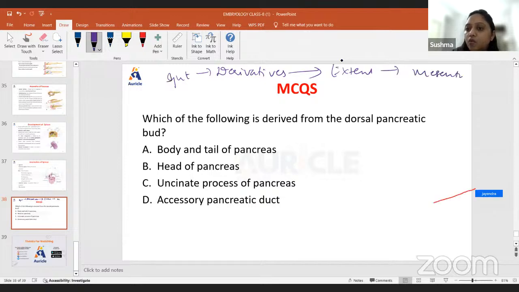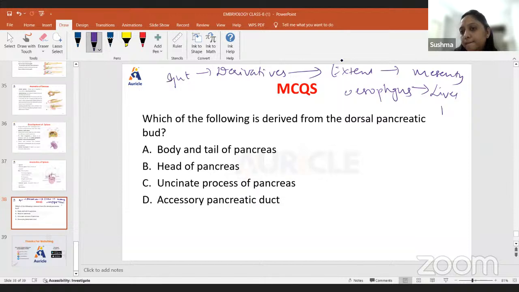Then we learned how the esophagus is formed. Then we learned how the liver and the extrahepatic biliary apparatus develop. Okay, all of these are very important, guys. These are all potential questions in theory as well as in practicals.